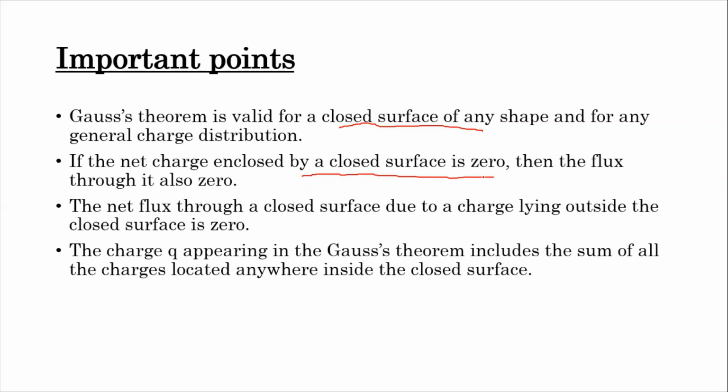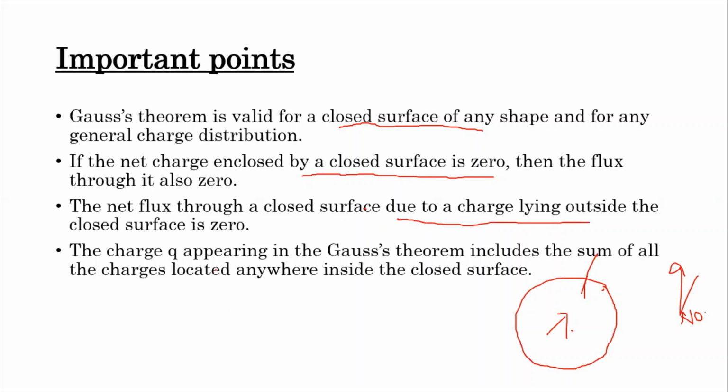For example, imagine this is our Gaussian surface, and there is a charge Q outside it. Will this contribute to the flux emerging from the surface? No. Only the charge that is present inside should be taken into consideration. The net flux through a closed surface due to a charge lying outside the closed surface is equal to 0.